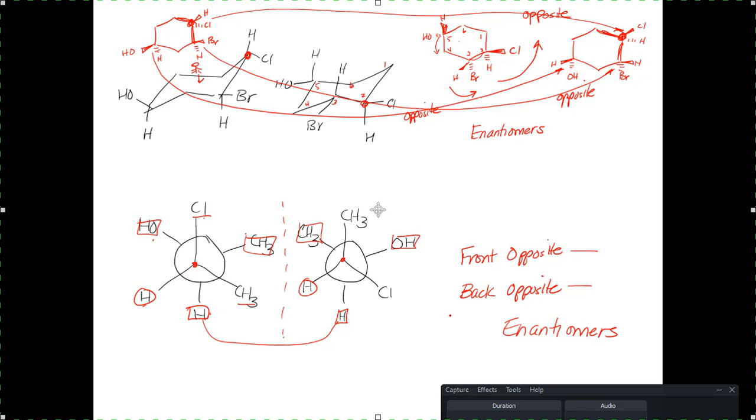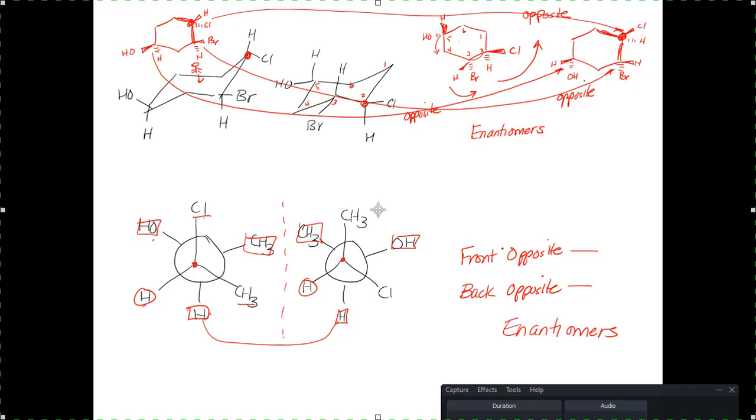Okay, so notice I didn't do R and S except for when the molecules were not aligned in exactly the same orientation. But you have to be careful, because if the chairs aren't in the same orientation, the easiest thing to do is put them flat and manipulate them that way. For the Newmans, you have to make sure the front carbons are the same, the back carbons are the same, and then you could either rotate, or compare, look for mirror planes, or do group switching.